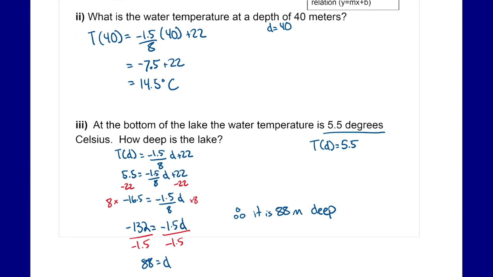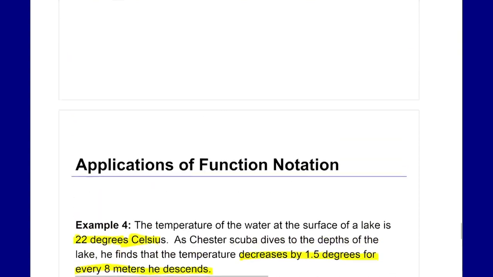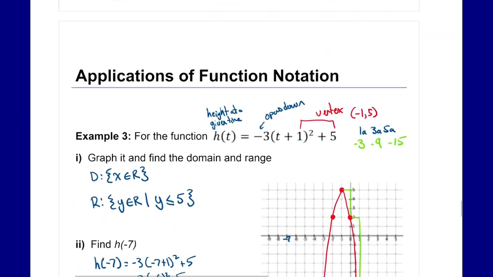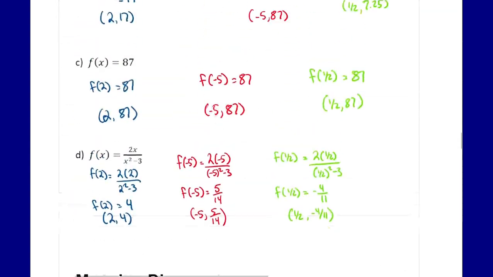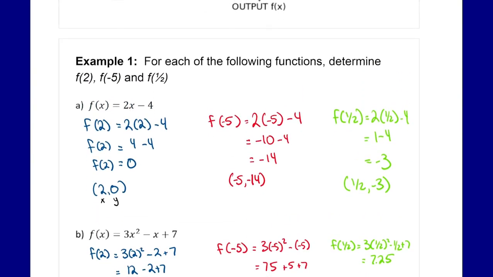So essentially, just be aware of what it means and how it looks. If we scroll all the way back to these questions, what does f at 2 mean? What does f at negative 5 mean? The idea is that it's telling us to plug a value in for x and determine where the function is.